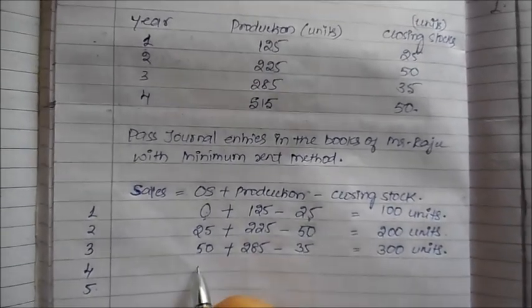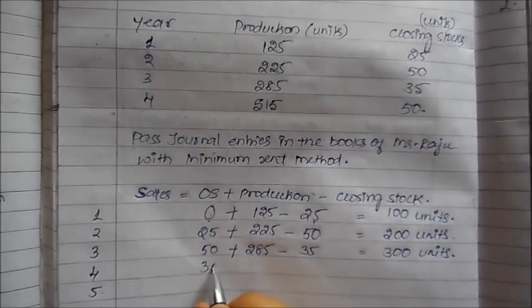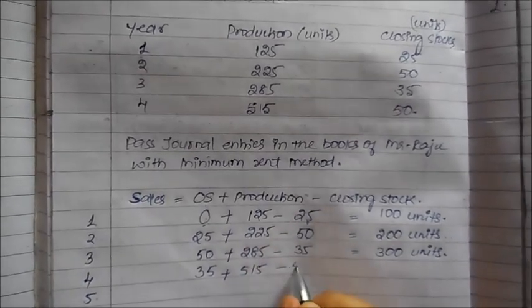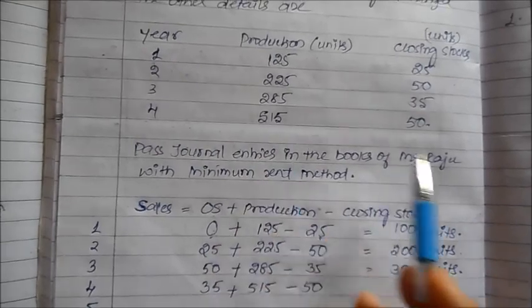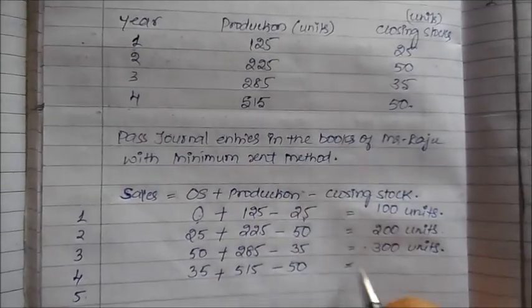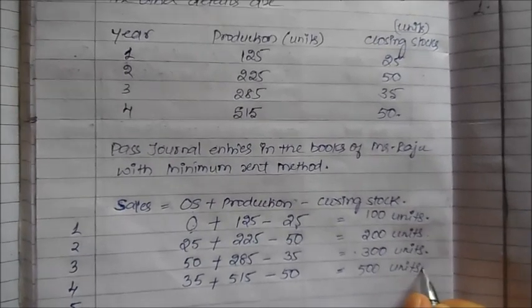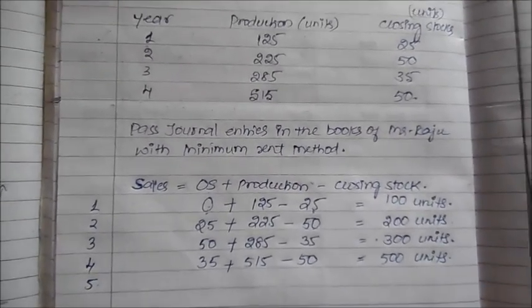Next, again, last year's closing stock will become the opening stock, plus 515 minus 50. 515 minus 50 will give you how much? 500 units.